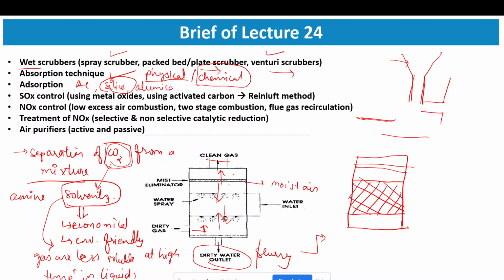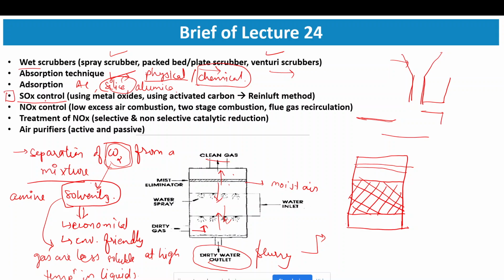Now if air contains water, it will give you some bad or foul smell. So silica absorbs some amount of the moisture present. Silica is one of the absorbents for moisture, if you want to control the moisture in air. Another strategy: SOx is another pollutant present in air.